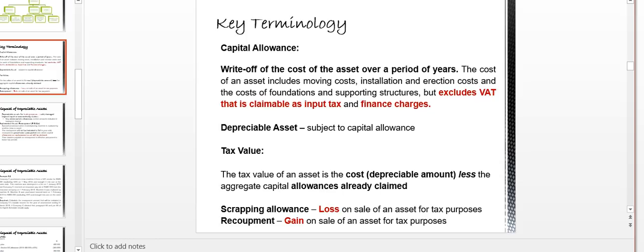When you dispose of this asset, you can either make a loss on the sale of the asset, and there you will get a scrapping allowance, or you can make a recoupment, a gain on the sale of the asset. Both of these are dealt with separately, and we're going to have a look at them now.